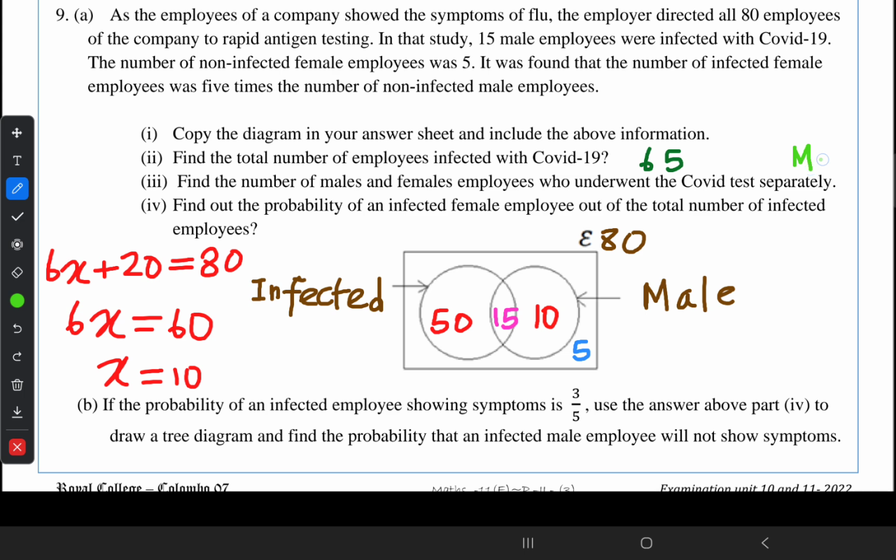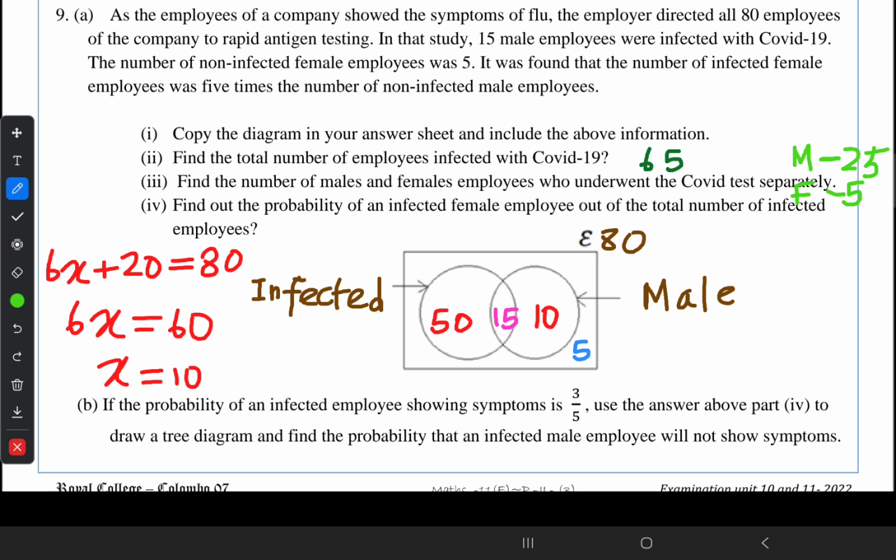In the circle of male, 15 of them totally underwent the survey, 15 got infected, 10 not. So totally 25 males, and the remaining would be female. 50 got infected, 5 not. So totally 55 females underwent that COVID test separately.